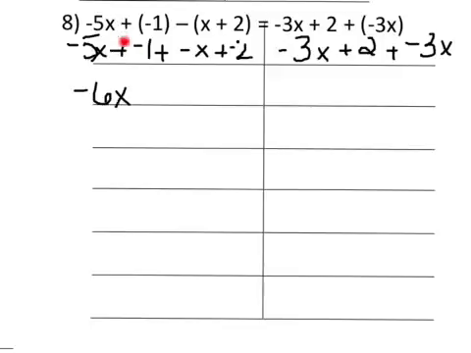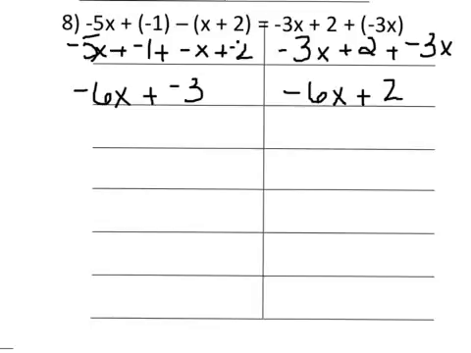And then if I have 1 red tile and 2 more red tiles, that gives me a total of 3 red tiles, so that's plus negative 3. On the other side, I have 3 red x's and another 3 red x's because they're both negatives, so that would give me a total of 6 red x's, so that's negative 6x, and then I have that plus 2 that's still there.